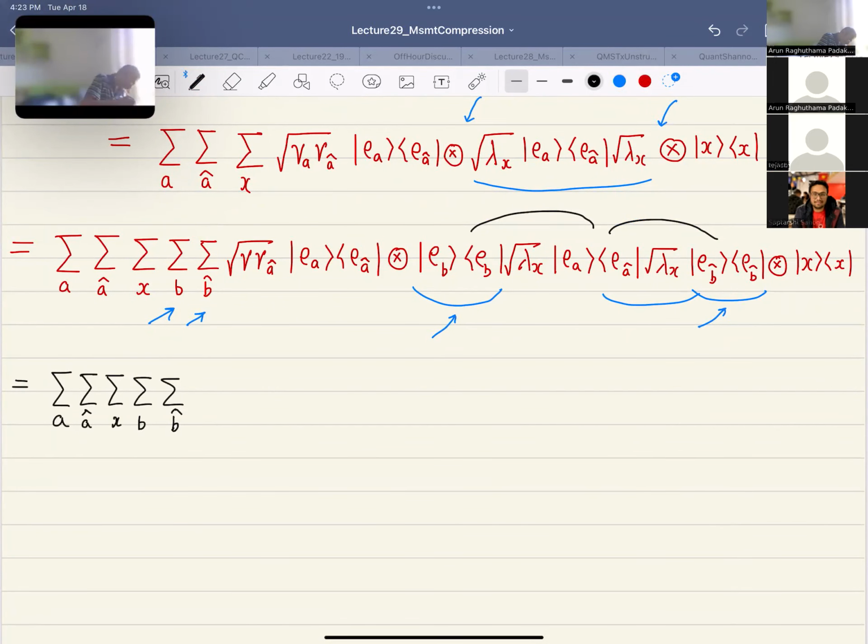So I claim this is gamma A hat. First term is as is. Now I move the scalar out. So I'm going to have EB root lambda X EA dagger. I'm going to bring the other scalar here now.